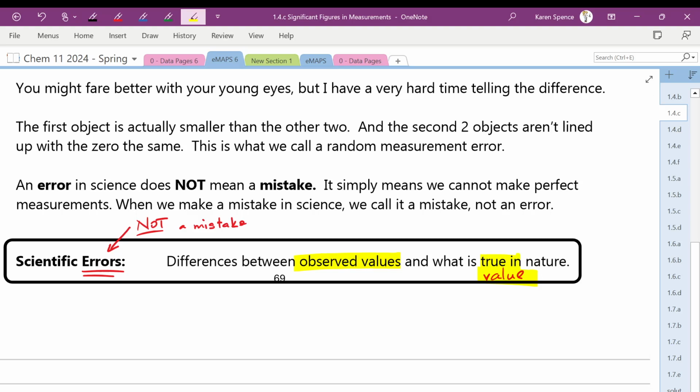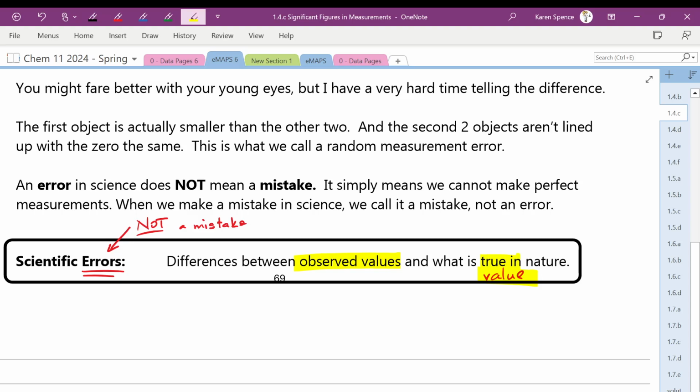So if they get you to do error analysis in a lab at university, you're not going to say, oh, my errors, I forgot to record an extra digit. That would be a mistake.